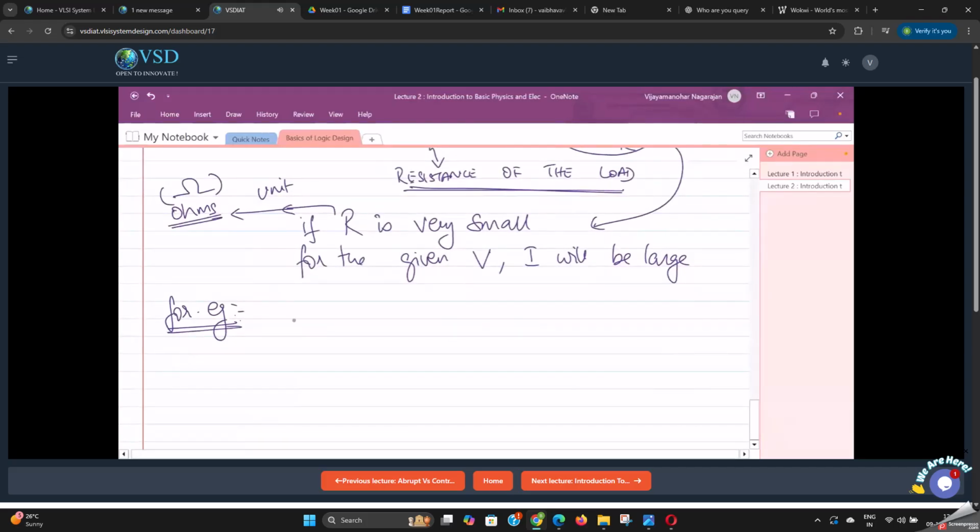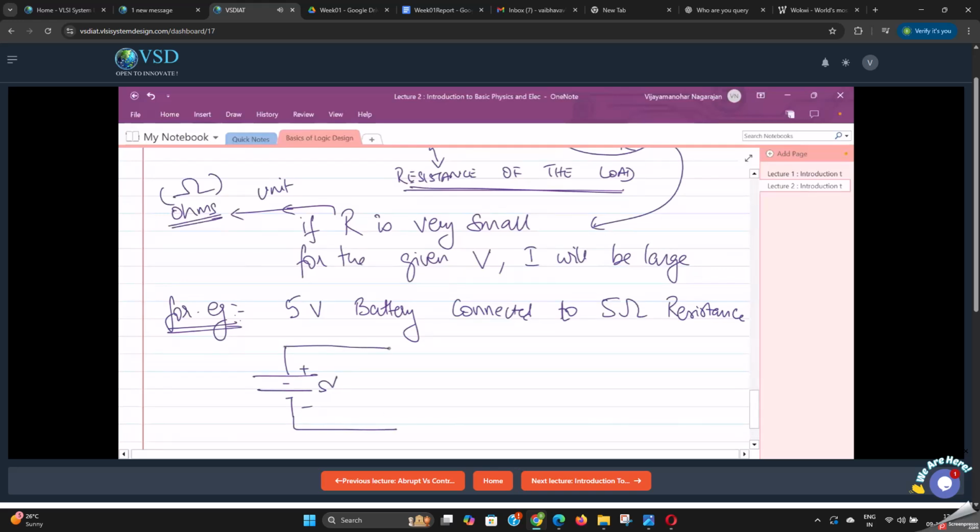For example, let's say I have a 5-volt battery connected to a 5 ohm resistance. It is like this. This is 5 volt and I have 5 ohm resistance.